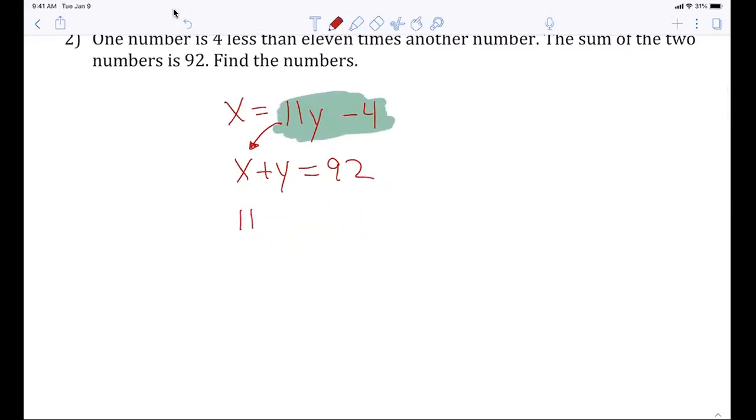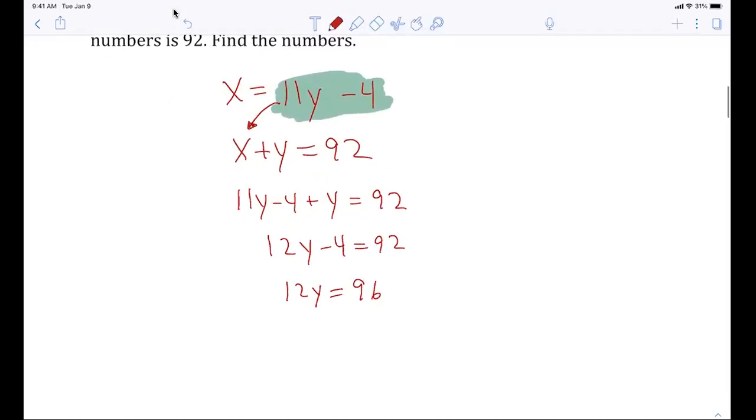So now I have 11y minus 4 plus y equals 92. 12y minus 4 equals 92. So 12y equals 96. So y must have been what? 8. Y was 8.